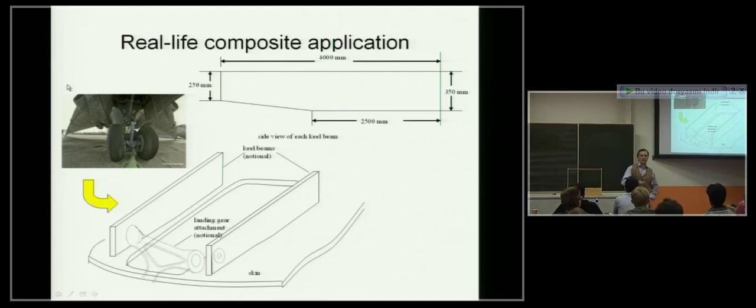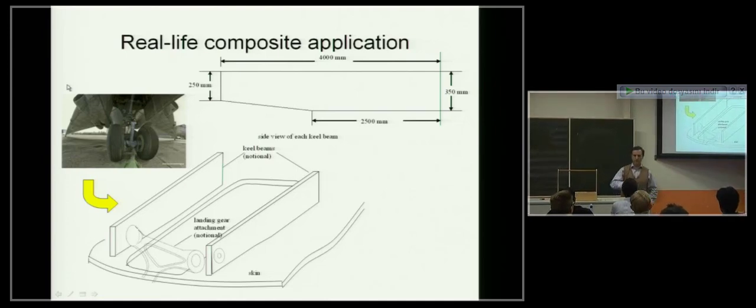Now you have to account, in addition to the usual loads, for a 9G forward crash, which actually happens to be the fuselage crash requirement for composite structures. So you are supposed to design this, and you're supposed to design it in a few days, as is usually the case in industry. So hopefully by the end of this course, you will tell me how that's done, and we'll find out about it. So keep that in the back of your mind.